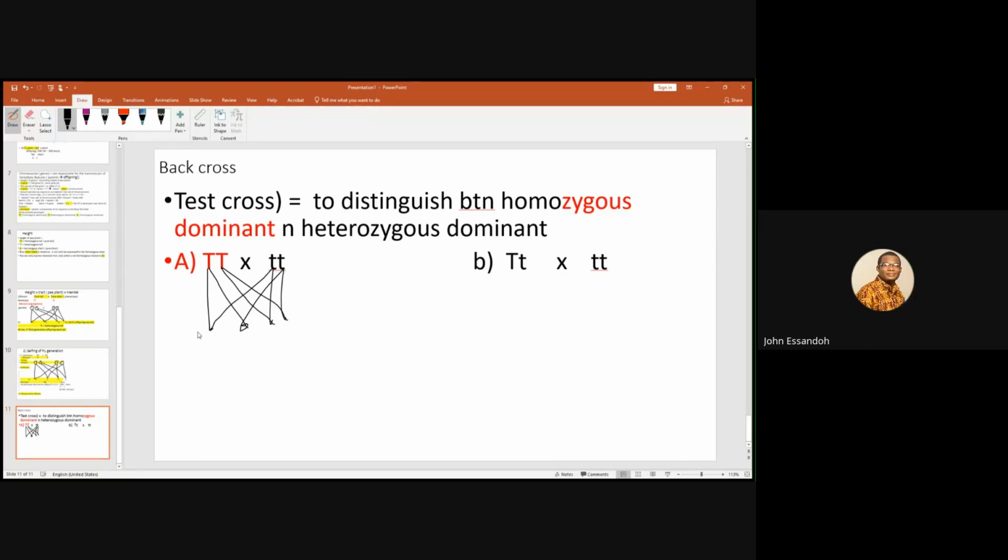Which means that when the plant is pure tall, there is no way it can give birth to a short plant.